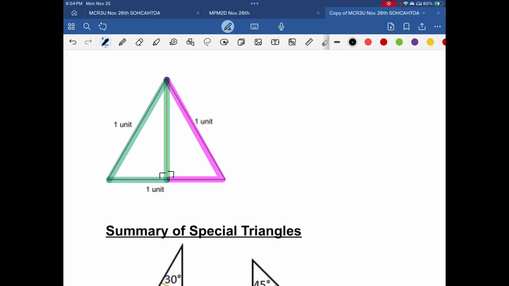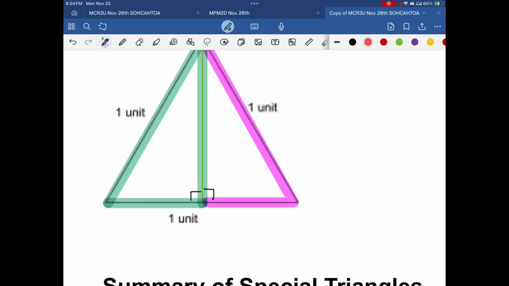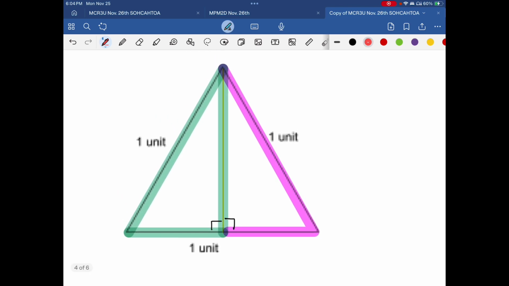Hopefully you remember that in an equilateral triangle, all of my angles are 60 degrees. 60 degrees, and that's 60 degrees.